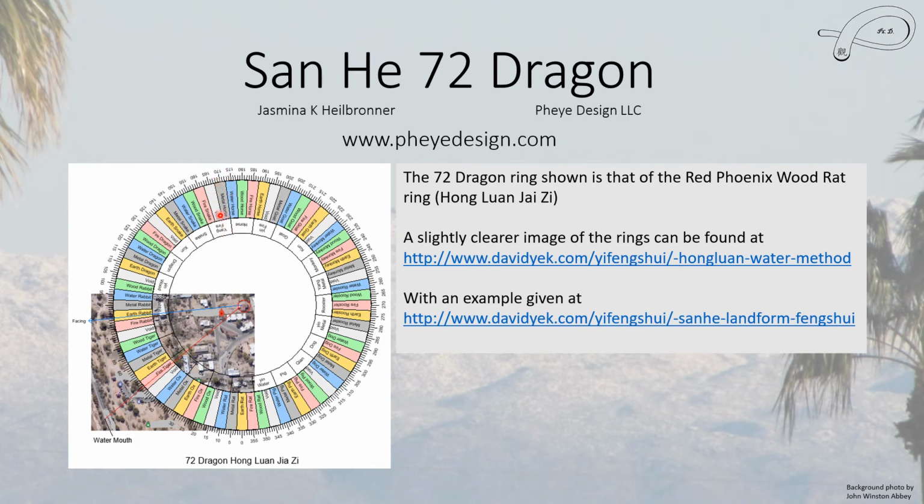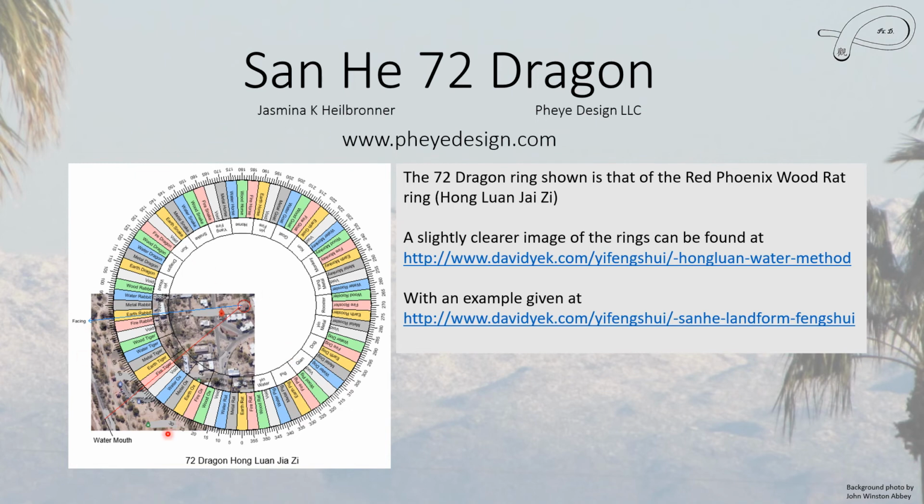So the gray is metal, the blue is water, the green is wood, the red is fire or the pink, and this orangish, tannish color is earth. There's also a light gray void area where you don't get any effect. So you kind of want to avoid having your watermouth in a void area. That's what I understand. And so we have the watermouth here and the facing direction here.